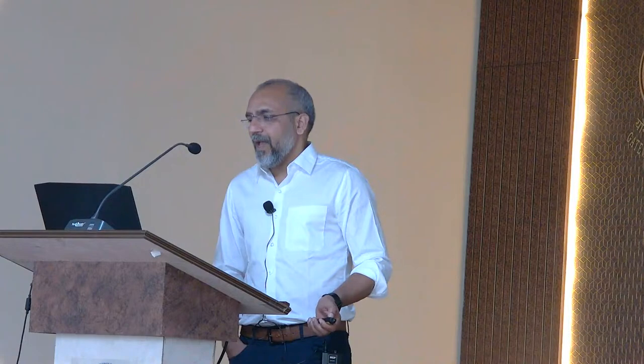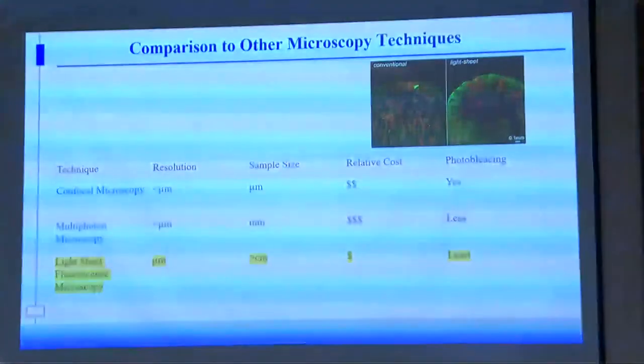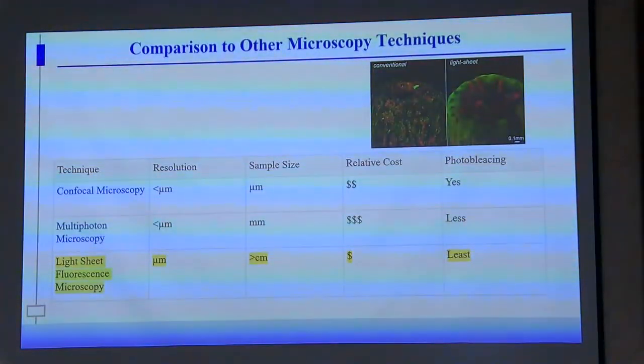So that's very useful for biomedical or biological applications. LSFM has a resolution in micrometers, the sample size can be larger than a centimeter, it's relatively less expensive, and photobleaching is also very low.